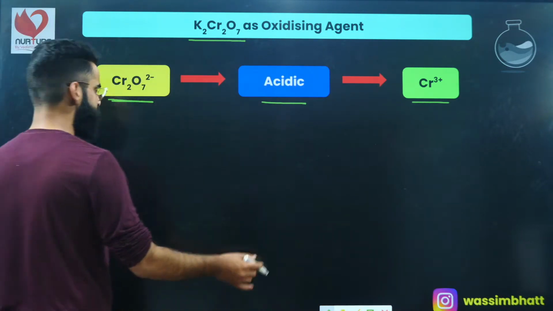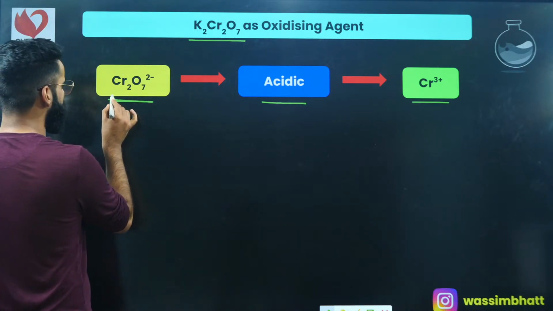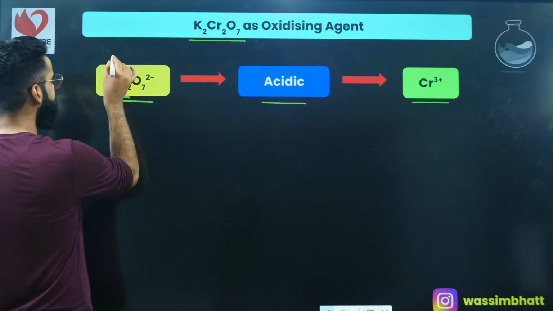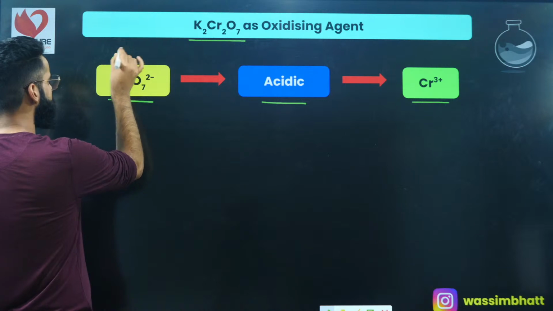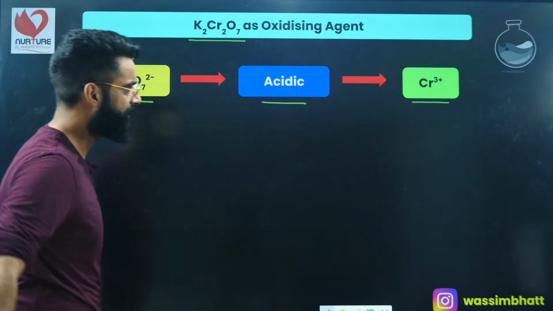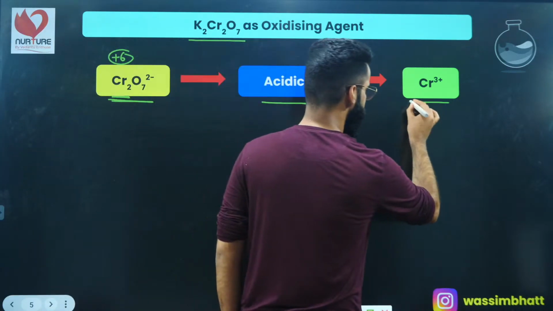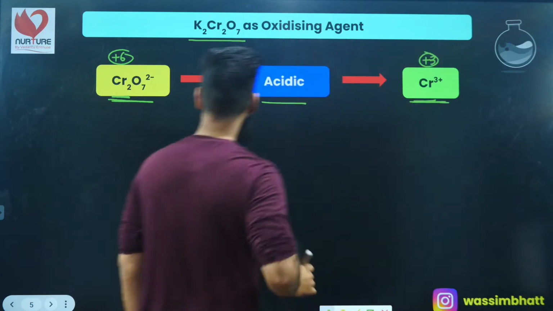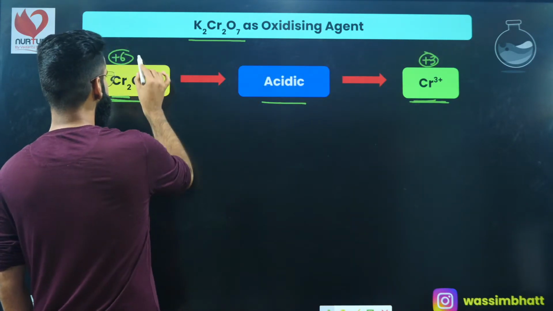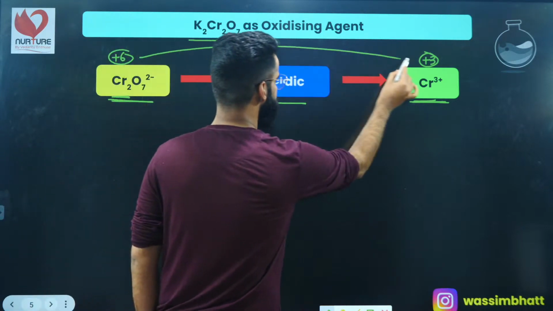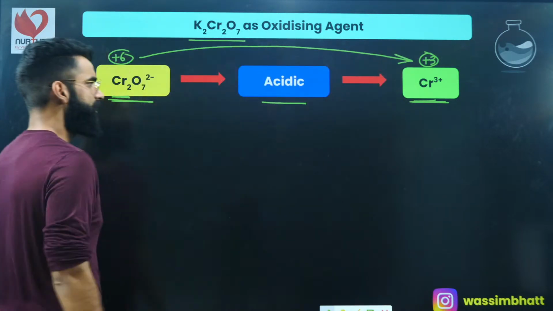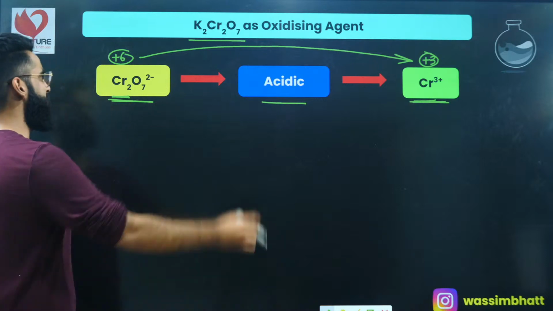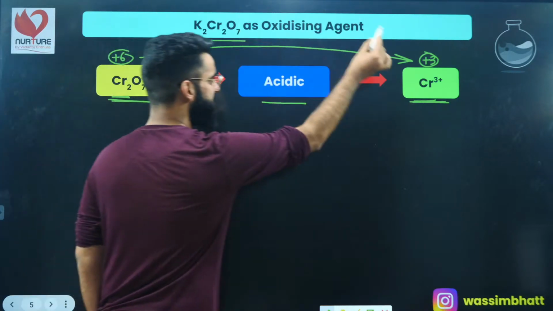First of all, if I ask you what is the oxidation state of chromium right here, when we calculate it, the oxidation state of chromium comes out to be +6, right? If I ask you what is the oxidation state of chromium right here, you'll say it's +3, right? So people, just have a look at the change in the oxidation state of chromium. The oxidation state of chromium is changing from +6 to +3.